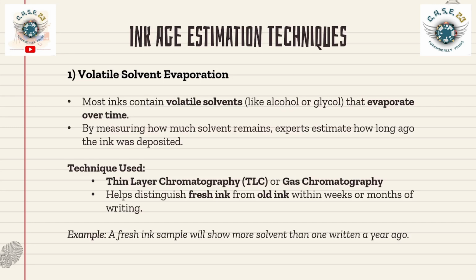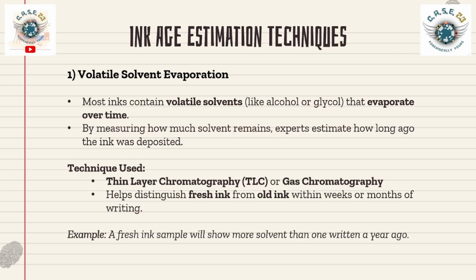But after a few weeks or months or even years, most of the solvent evaporates into the air. So we just need to measure how much solvent is left in the ink so that we can estimate how old it is. To do this, we usually use scientific methods like TLC or gas chromatography. These techniques help separate the ink's components and check the remaining solvent level.